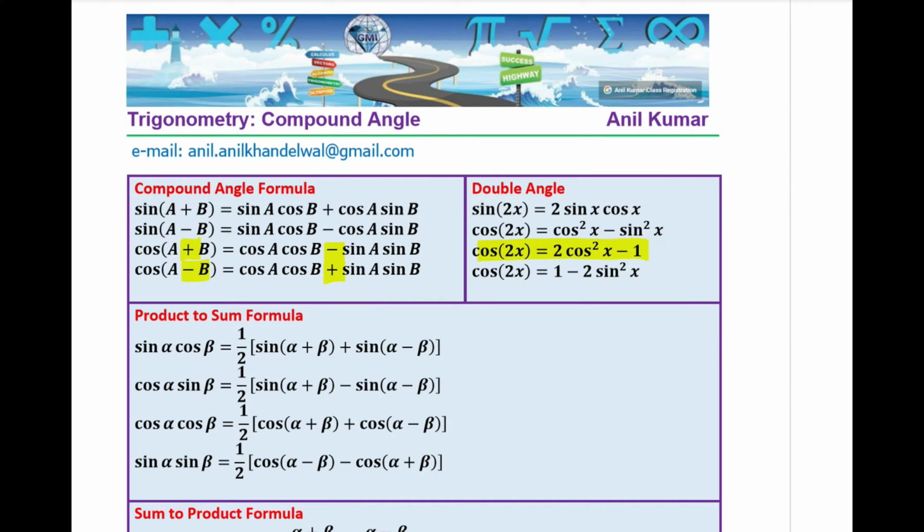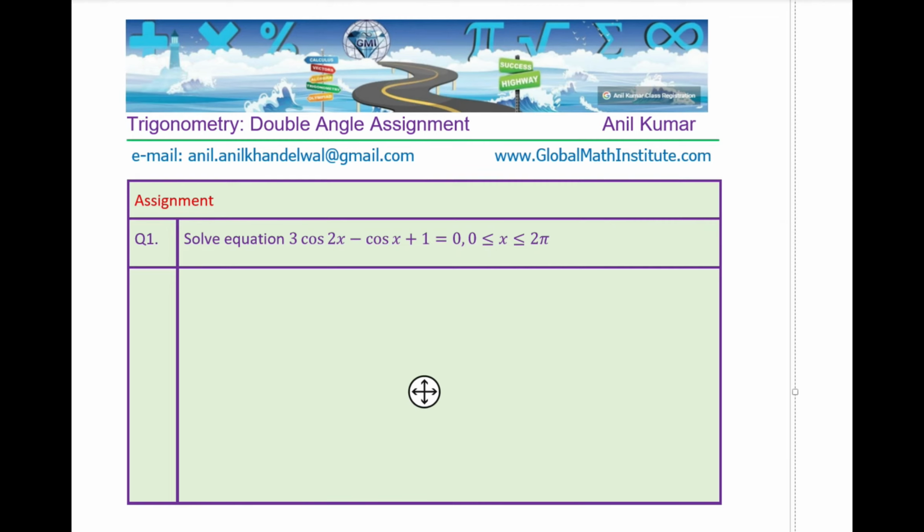Have a good look at it. Now let's begin solving our questions. The idea is that when you are working on trigonometric equations and identities, you need to remember your formulae or have that list ready. Now let's look into the solution of these questions one by one.